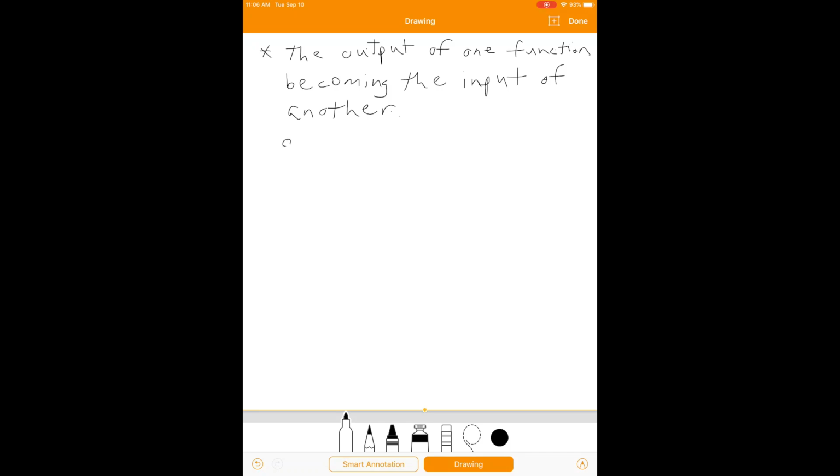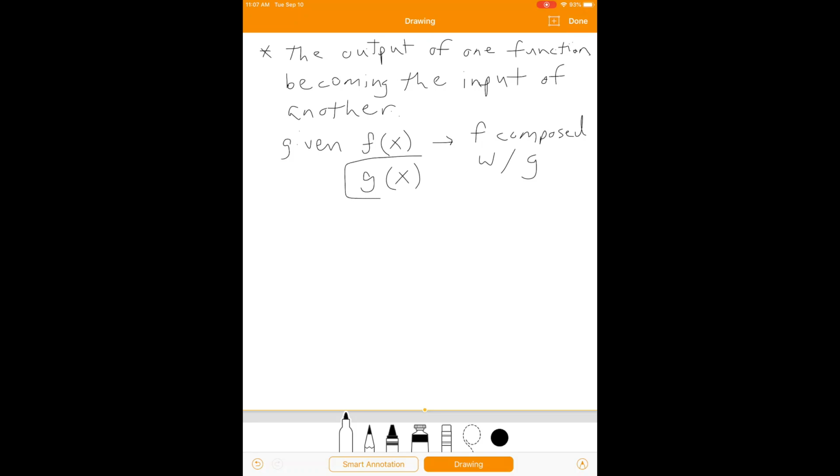So, given f of x, and then if we take g of x, if we were to say f composed with g, well, that would mean that g is going into f.